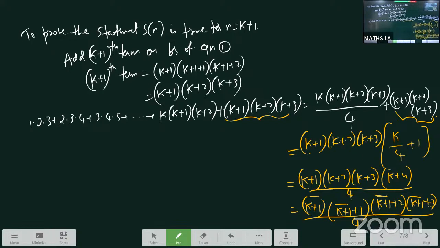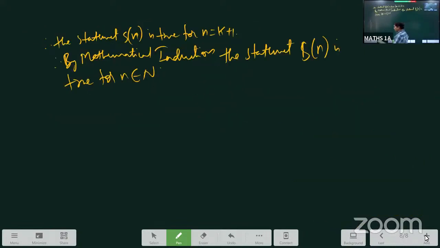After adding k plus 1th term on both sides, always you are going to solve this RHS part. How to solve this RHS part means, in your RHS in the given question, instead of n, you should get k plus 1. That is how you are going to solve it. Okay? Right.